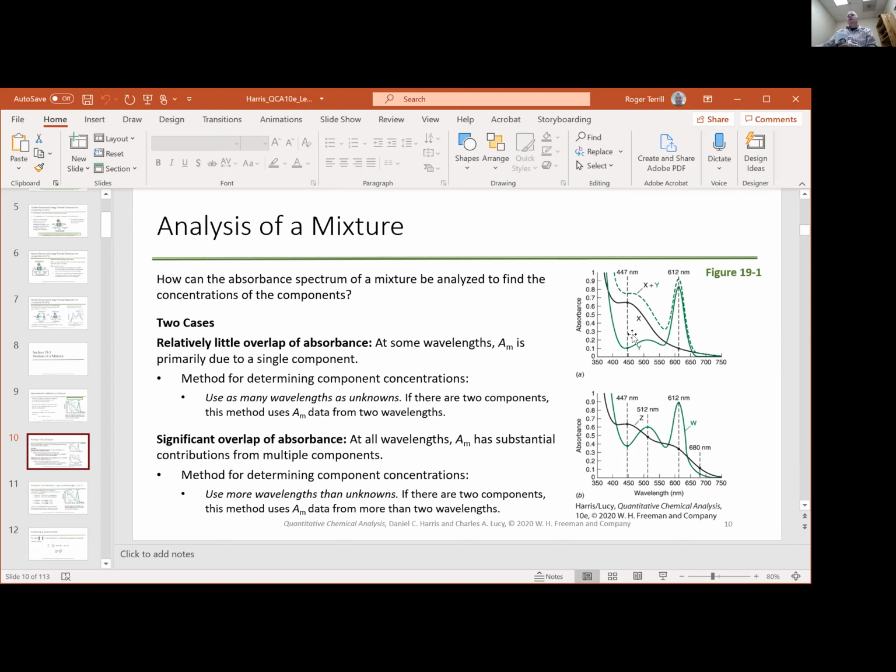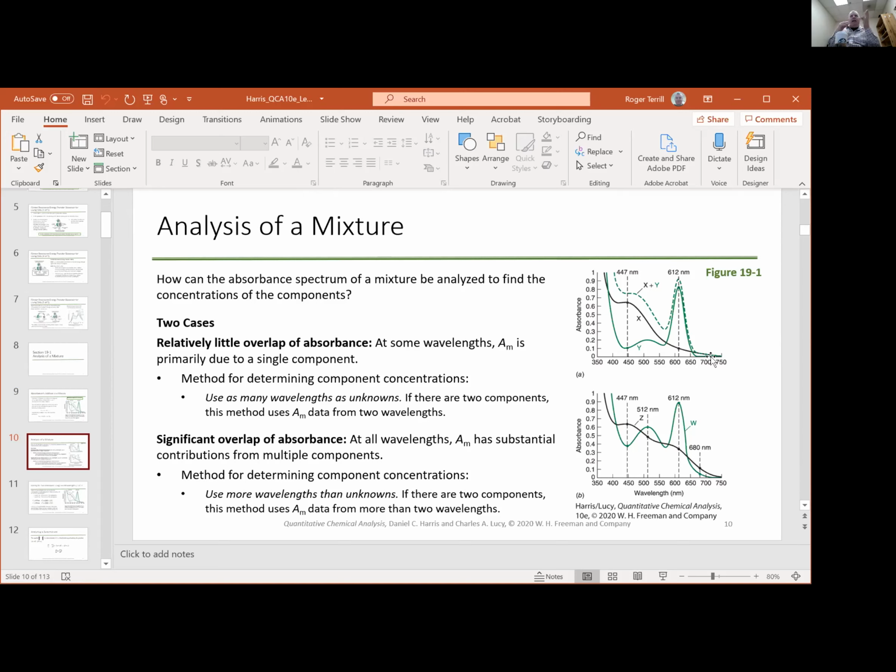Now, if they both absorbed out here, then you'd be in a more difficult area. But so long as there's some difference, some shape to this, then you can untangle it. So long as you have absorptions at two wavelengths where the extinction coefficients are different for the two components, then you can sort it out.